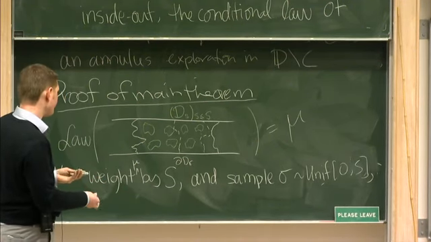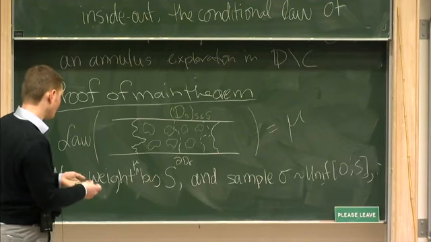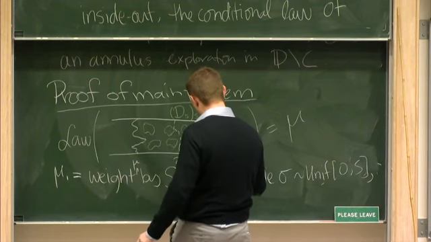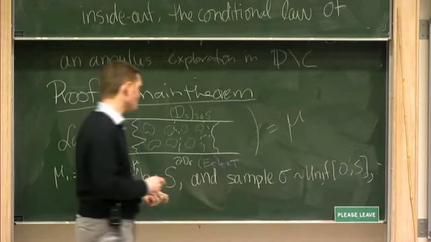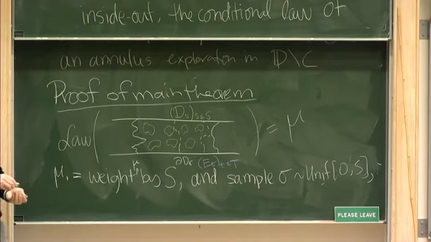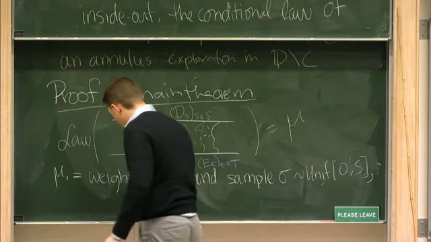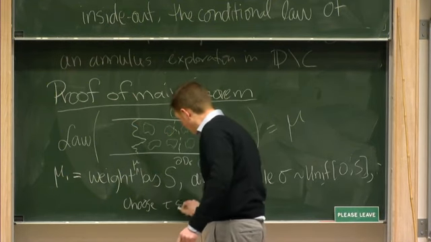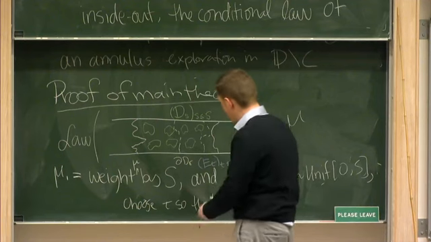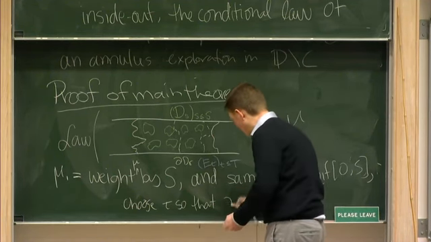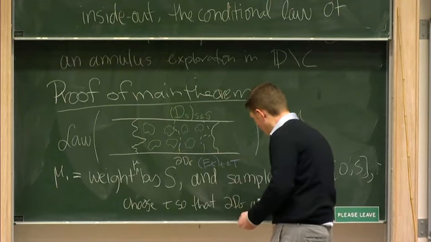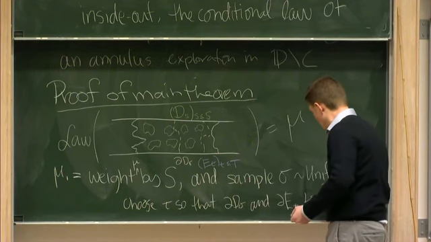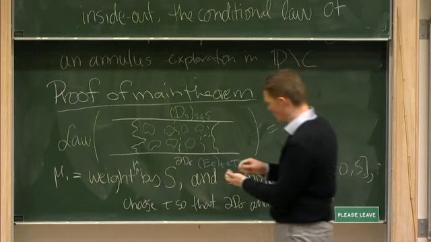We're going to call that reverse exploration E, so E sub t, and its total exploration time is going to be capital T. And then we're going to choose tau so that it touches.